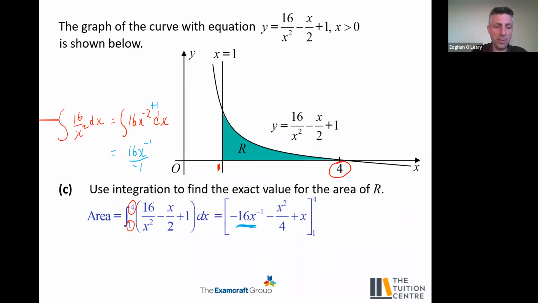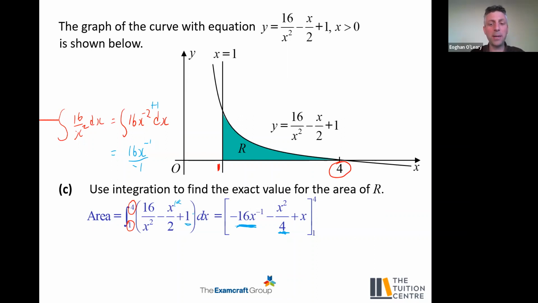Minus, similarly here, we had x to the power of 1 over 2. So we add 1 to the 1, to get 2. We divide by the new power. So when I divide x over 2 by 2, I get the 4 underneath the line here. So I end up with x squared over 4. And when I integrate 1, it's going to become x.